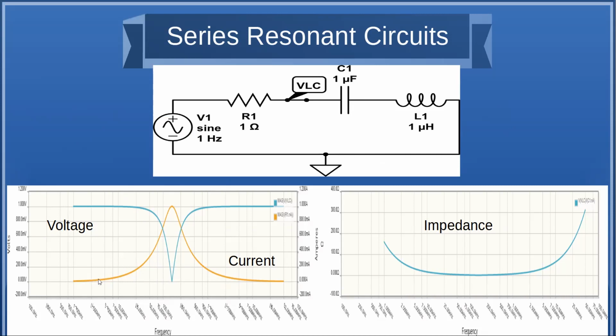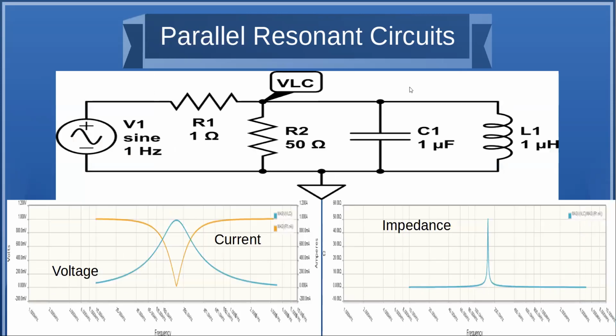The current goes from basically 0 up to its maximum value, limited by this resistor and the amount of voltage. Over here is a plot of the impedance, which is just 1 divided by the other. You can see that the impedance goes down to 0 at the point where it's resonant. It's kind of hard to see on that one.